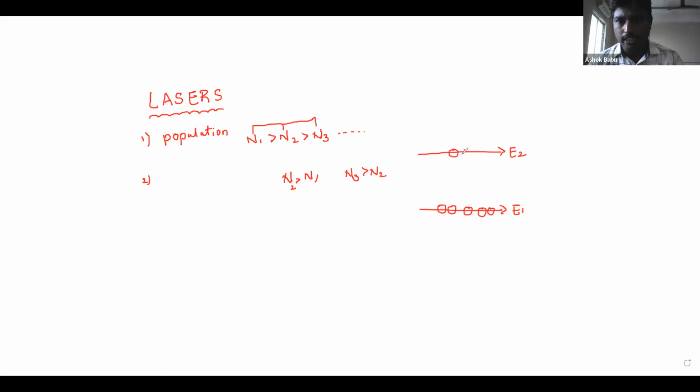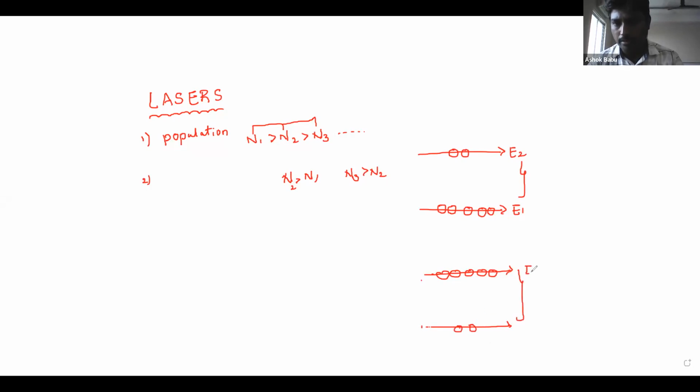If we represent it like this, this is the usual occupation of population, because E2 has fewer atoms than E1, the ground state, which has more atoms. When we achieve this, N2 having more atoms than N1, it is called population inversion.